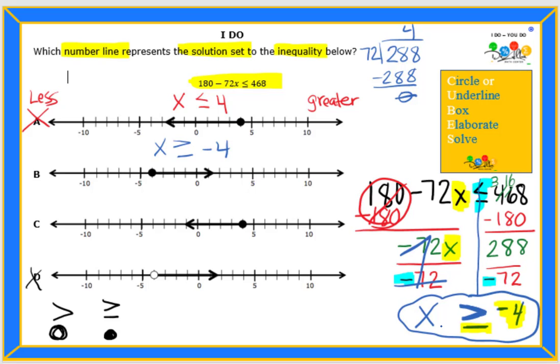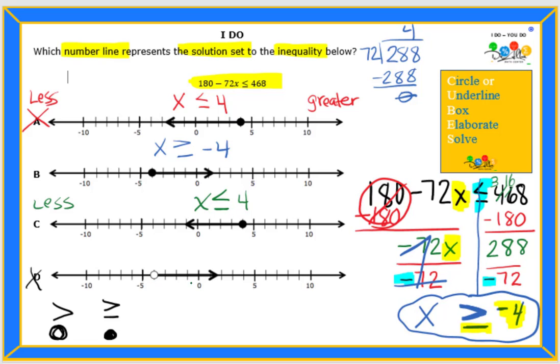Let's just review C. So here we have x. We see that the arrow is pointing to the left, so it's going to be less than. It's a closed circle, so it can also be equal to. And the number right before the 5 is 4.